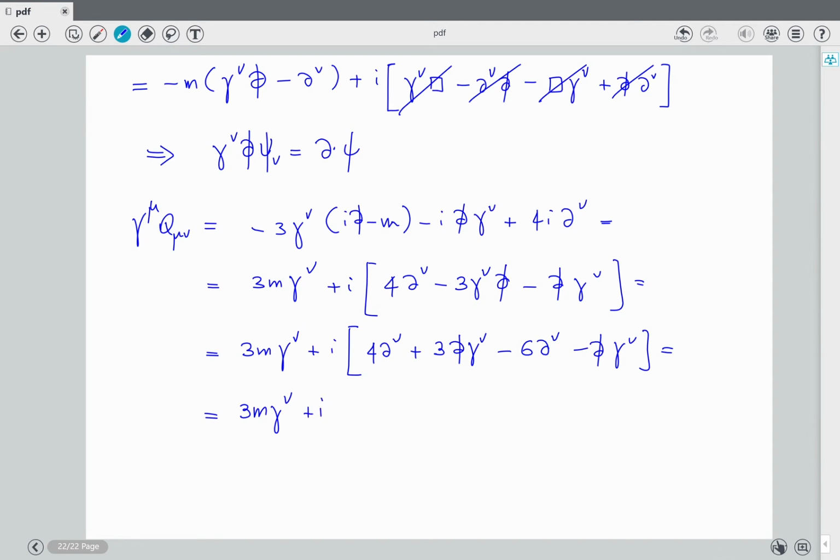So what do we have here? We have a minus 2∂^ν from here. Then we have plus 2∂̸γ^ν. Let me collect factor 2 in front.